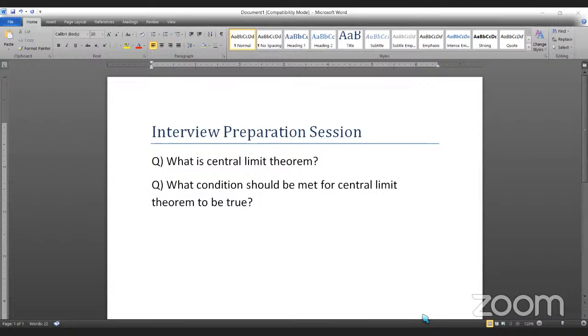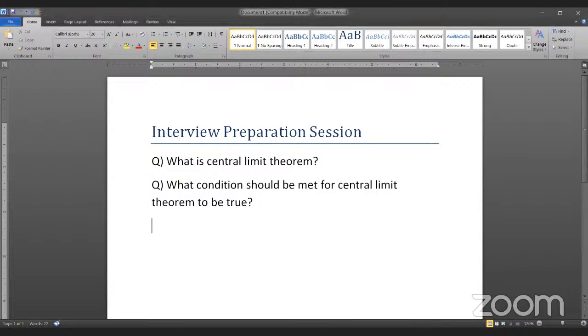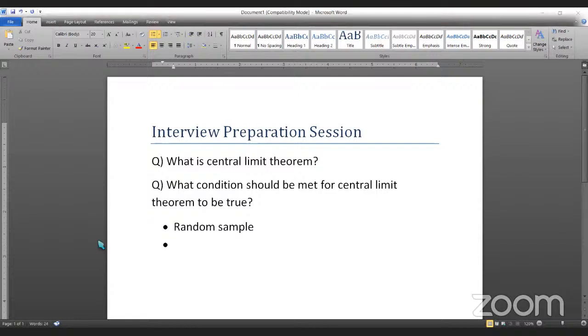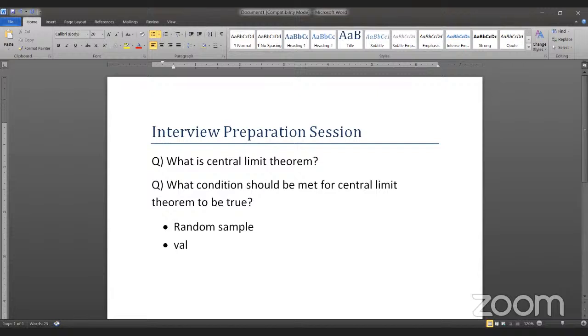There are mainly three conditions that must be satisfied. First is we should have a random sample. Second is values should be independent of each other.